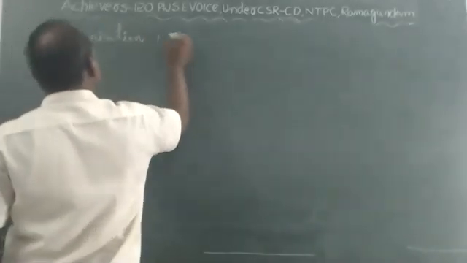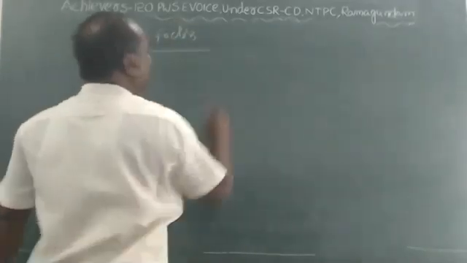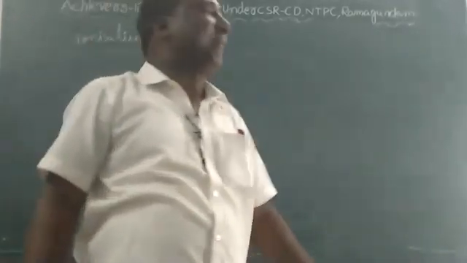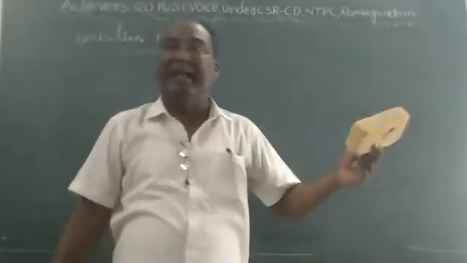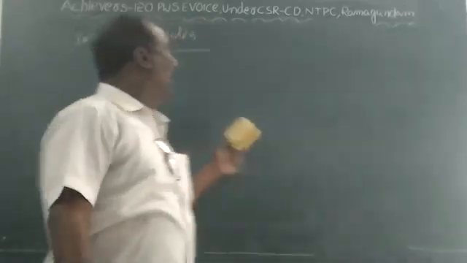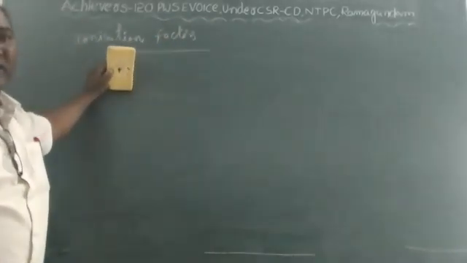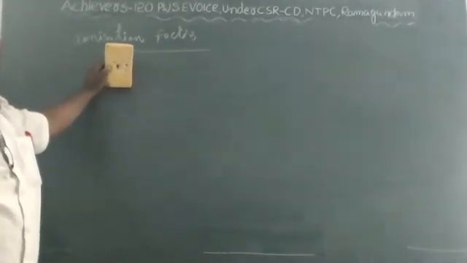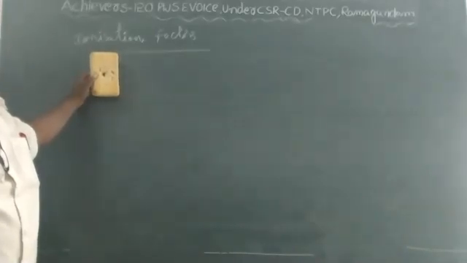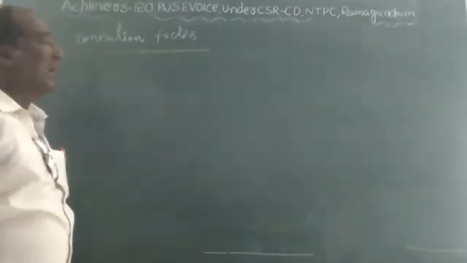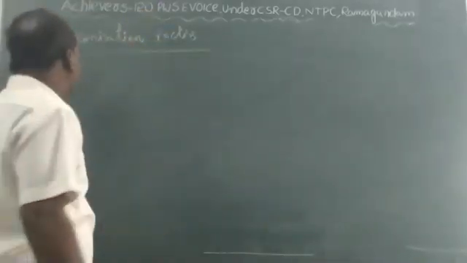Before that, we already discussed ionization energy. The energy required to remove one electron from the outermost shell is called ionization energy. So ionization energy depends on some factors. Let us see what those are.